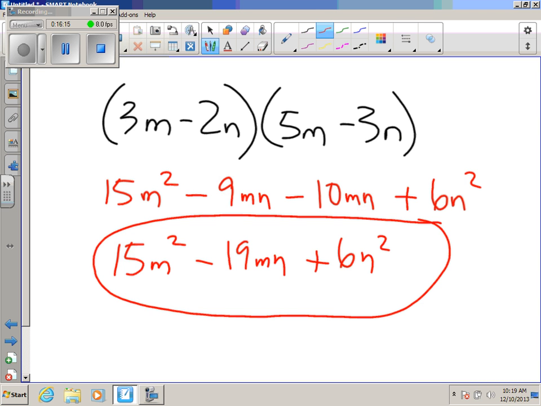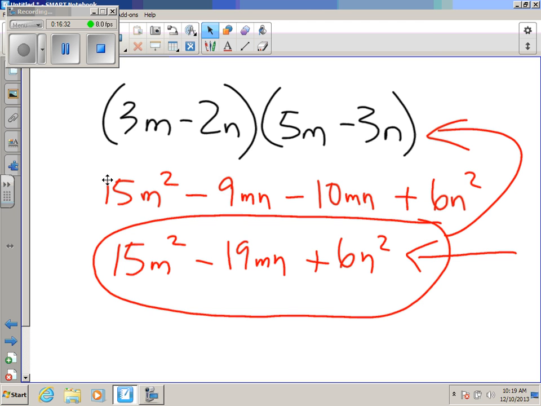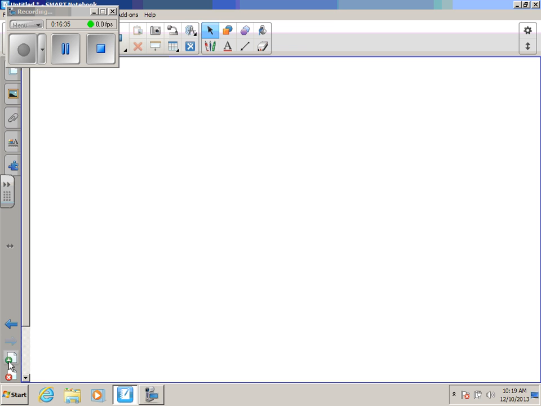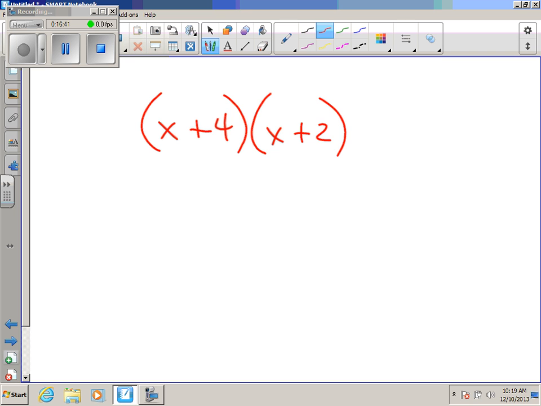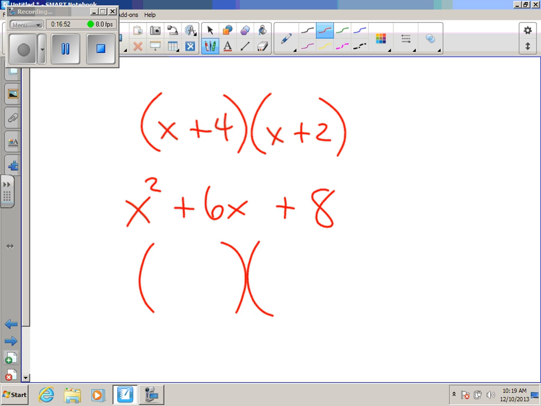Okay. What's going to be really fun, like I showed you the other day, is when we're given this and we've got to put it back into that. It's easier to see on one like this. First, outer, inner, and last. It's easier to see on one like this because you know you've got two x's, right?